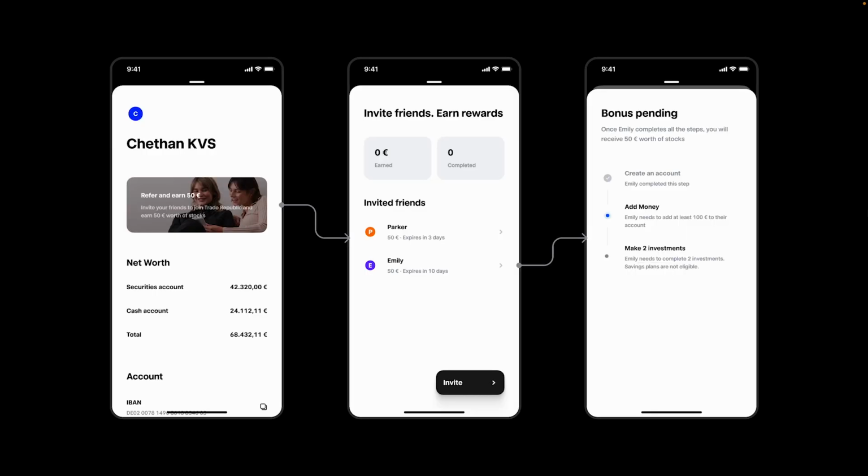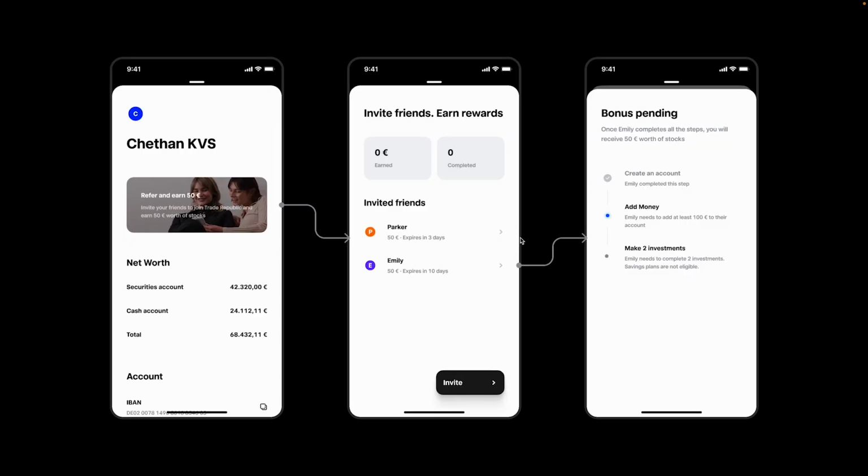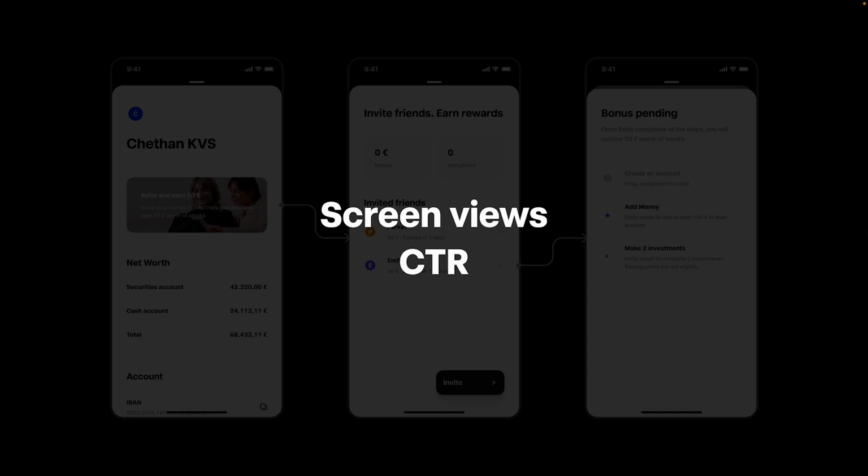Now, there's another way to look at this. If we implemented this solution, we could have checked 2 things, which are screen views and CTR, right? What does that mean? Are people looking at this screen, and are people tapping on this to view it? Screen views and CTRs are basically feature level KPIs. Adoption rate, screen views, click-through rate, all these are feature level KPIs.